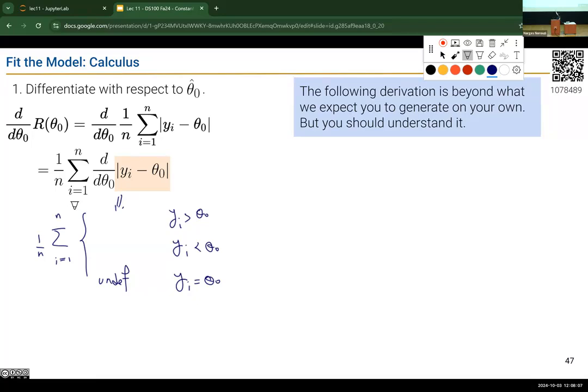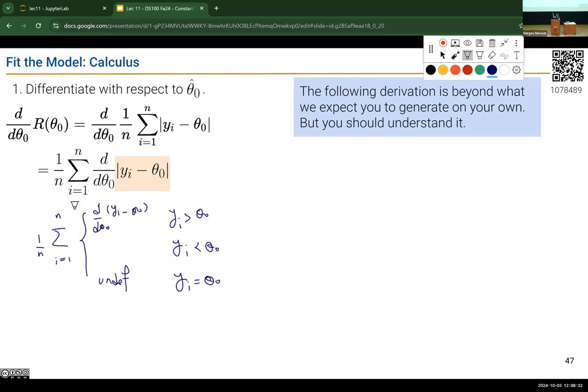For the other two cases, when yi is greater than theta 0, I can just directly say that my function now is going to be the derivative of yi minus theta 0 with respect to theta 0. Exactly because yi is greater than theta 0, whatever is inside the absolute value function is positive, so it will be just the same value.